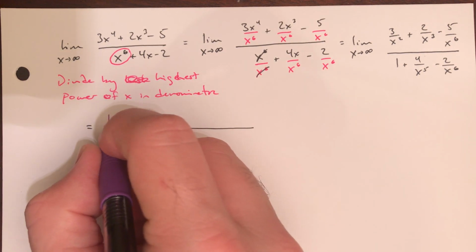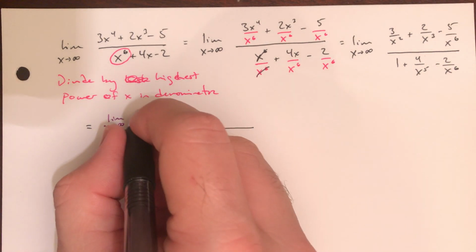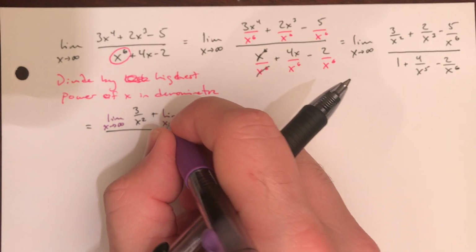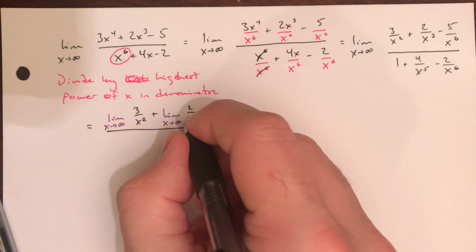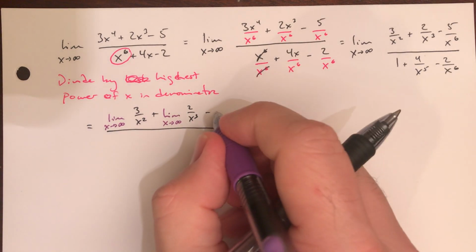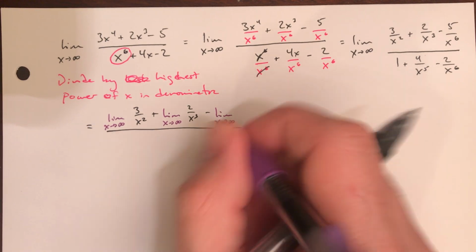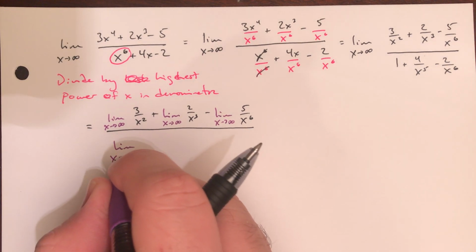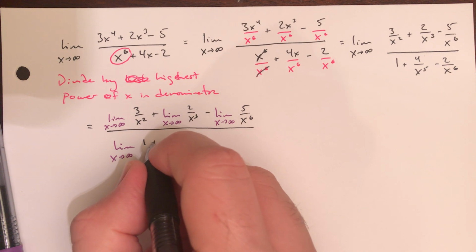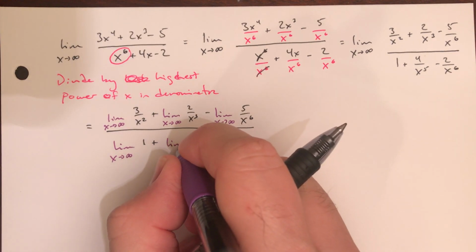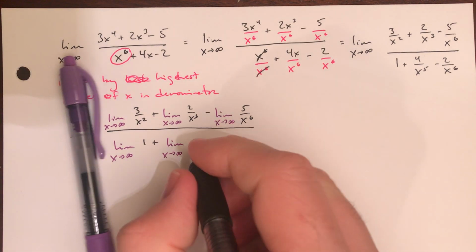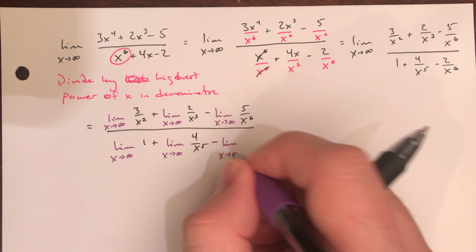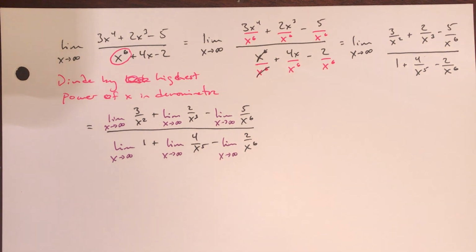We have the limit at infinity of 3 over x squared plus the limit as x goes to infinity of 2 over x cubed minus the limit at infinity of 5 over x to the 6th, over the limit of 1 plus the limit as x goes to infinity of 4 over x to the 5th minus the limit as x goes to infinity of 2 over x to the 6th.